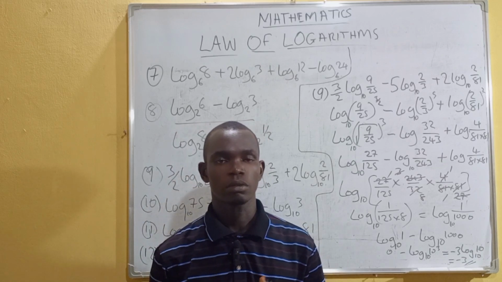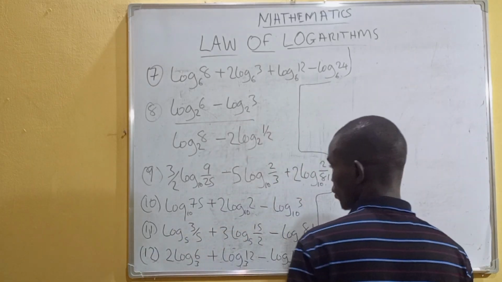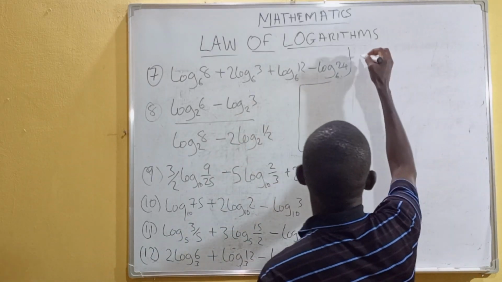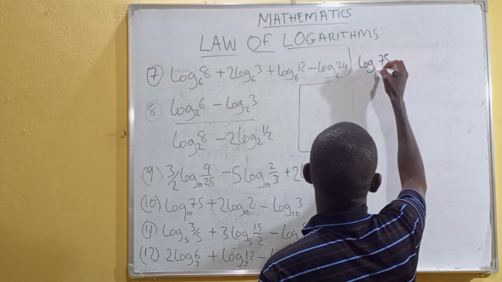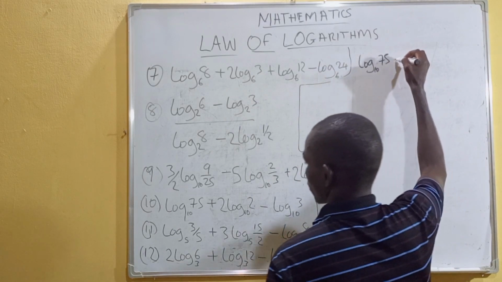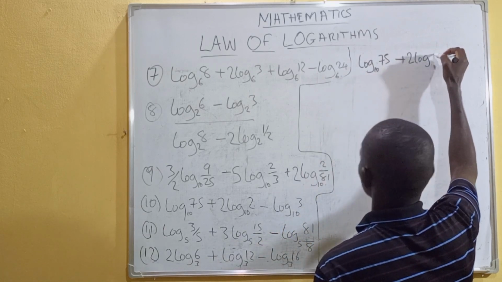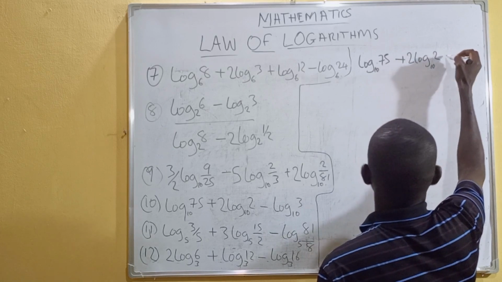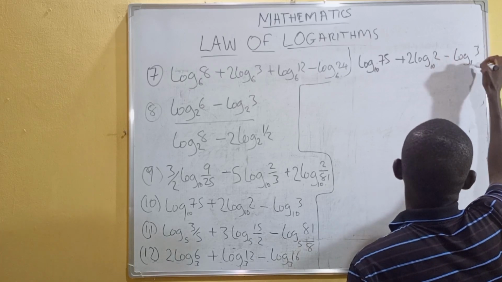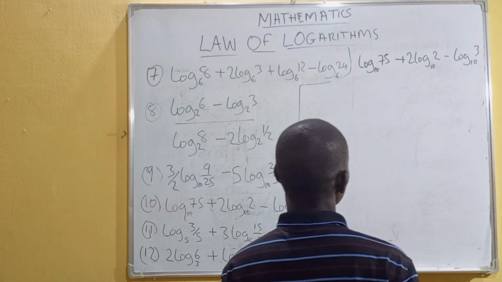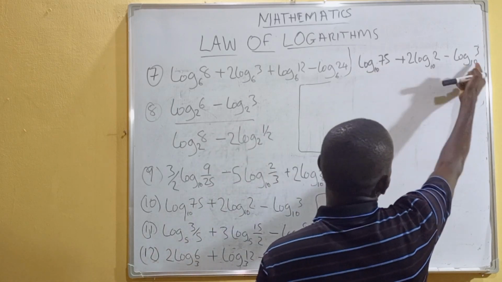Let's go to question 10. Question 10. We have log of 75 with base 10 plus 2 log of 2 to base 10 minus log of 3 to base 10. If you look at this now, we have 75, we have 2 and 3.